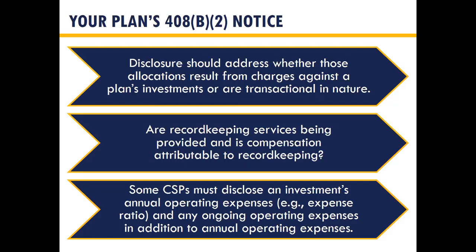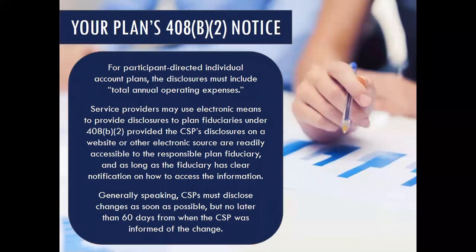And then some of the service providers must disclose an investment's annual operating expenses. Frankly, I think all plans make the operating expenses available. And if you aren't seeing those, you should ask your advisor to go over your 408(b)(2) notice and explain all this to you. So the disclosure must include total operating expenses.